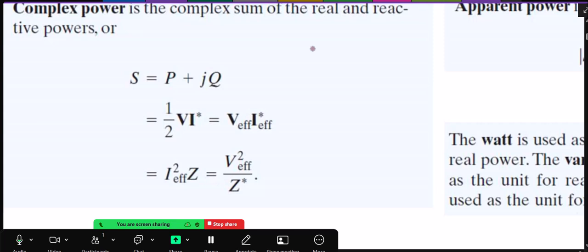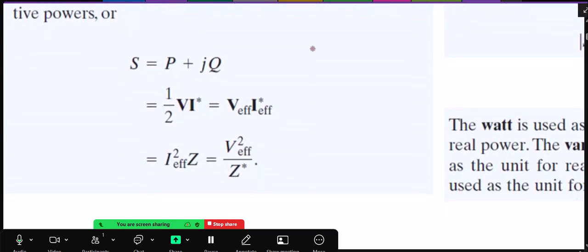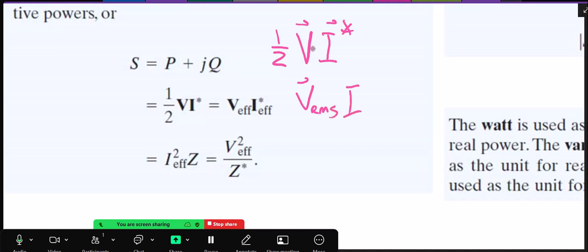And then the complex power, you can look at it in all kinds of different ways. You can say it's P plus JQ. You can also say it's 1/2 V as a complex number, and then I is a complex number, but you take its conjugate, VI conjugate. Or if you're doing RMS, it's V RMS I conjugate RMS.